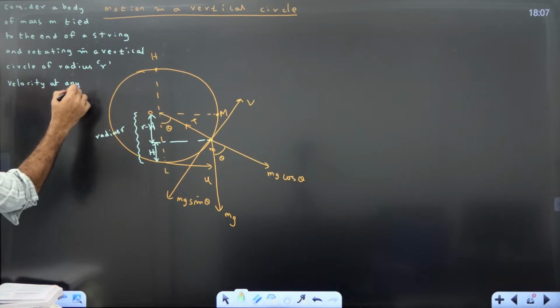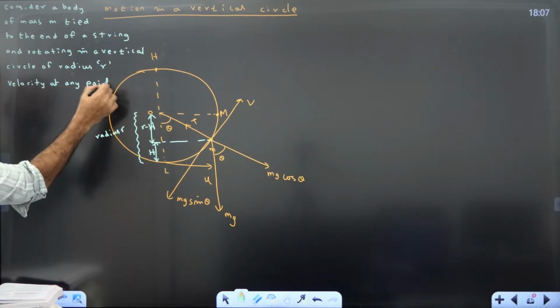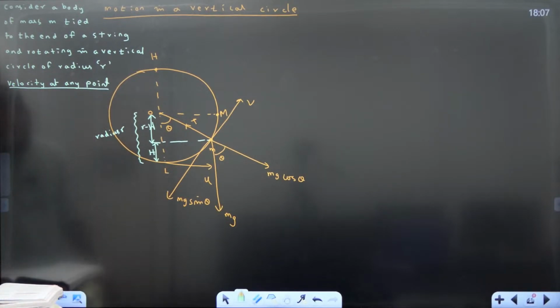Velocity at any point. At any point, velocity we have to find out.